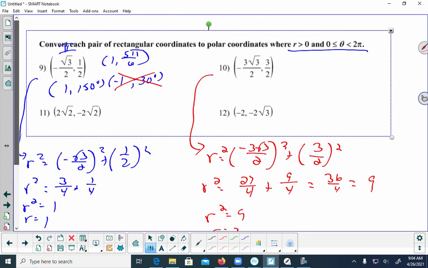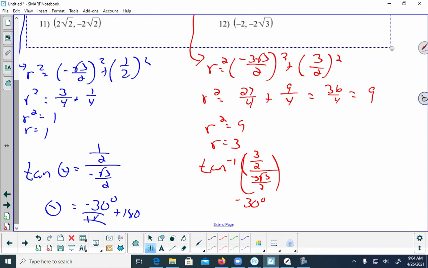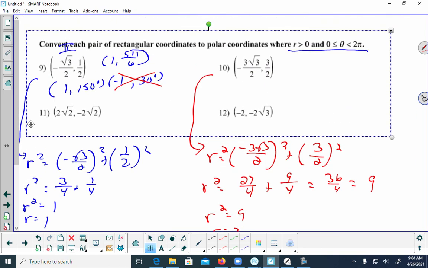So again, this is in the fourth quadrant. I have to add 180 if I'm in degrees, and I am going to have 150 degrees. So I'm going to do 150 degrees, or I can have 5 pi over 6.